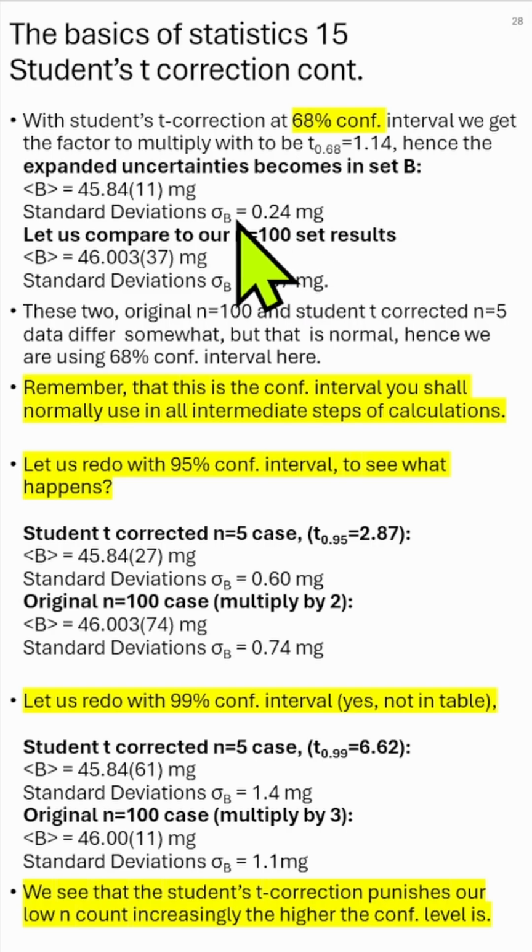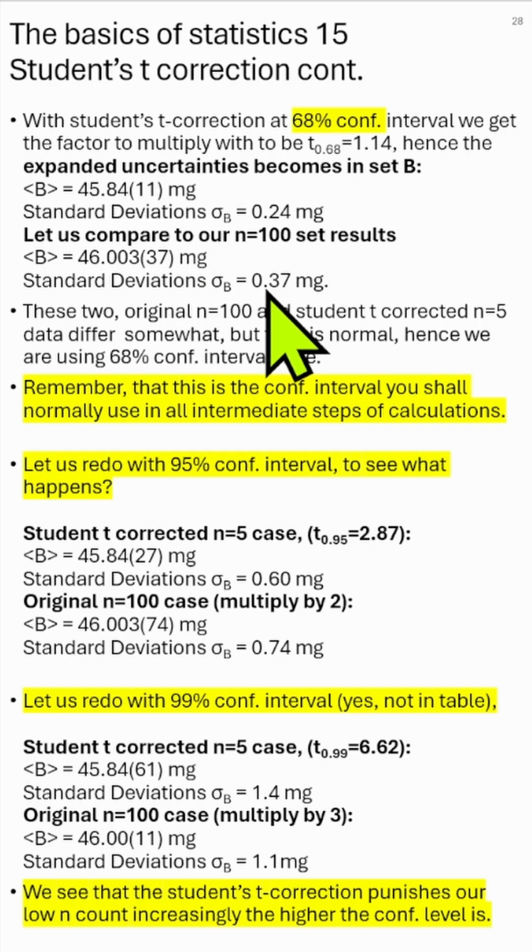And then we compare our 5 set standard error and standard deviation to the original 100 coin set result. In that case, the standard error was 0.037. But in our corrected 5 set, it was 0.11 milligram. So it is a little bit larger, you see, in our 5 coin set.